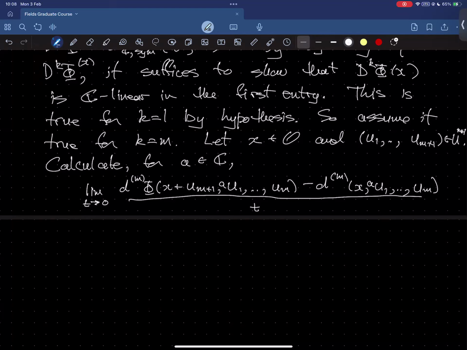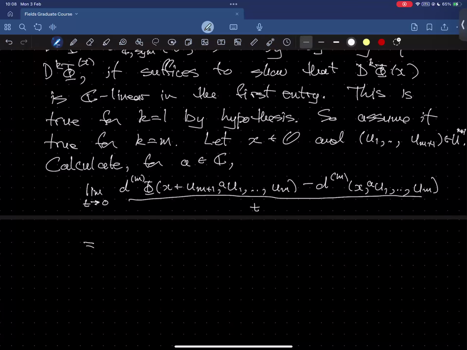Okay, and this is an easy argument because by the induction hypothesis, the mth derivative is linear with respect to complex scalars in its first argument, so I can pull those out in both of these terms.